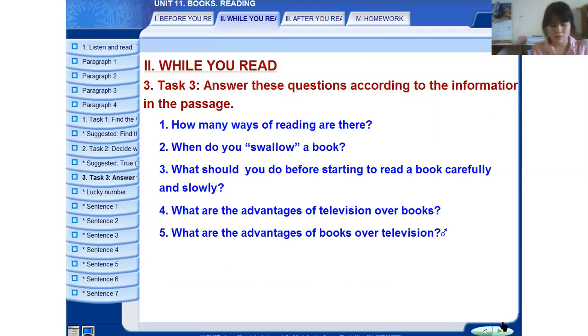Number one: How many ways of reading are there? When might you swallow a book? What should you do before starting to read the book carefully and slowly? What are the advantages of television over books? And what are the advantages of books over television?